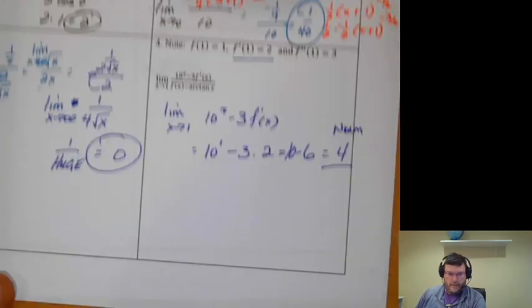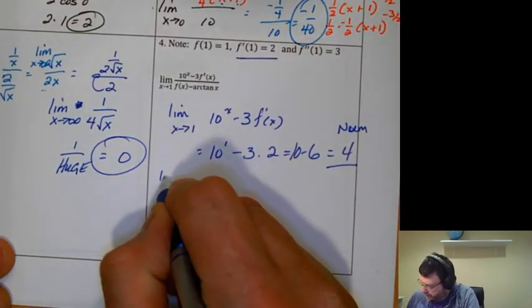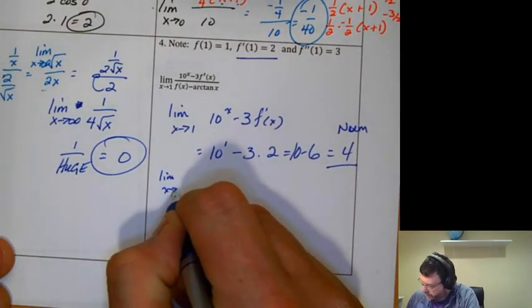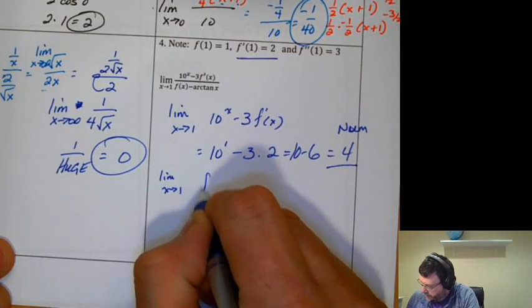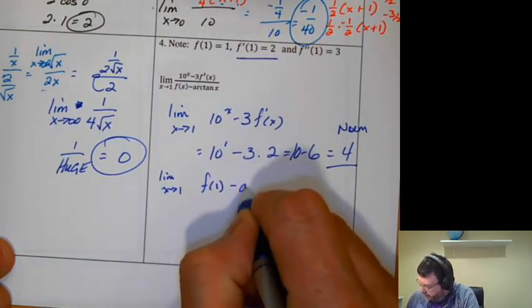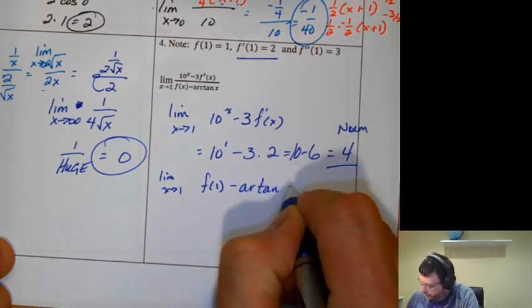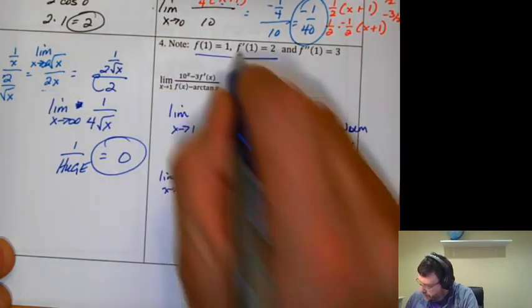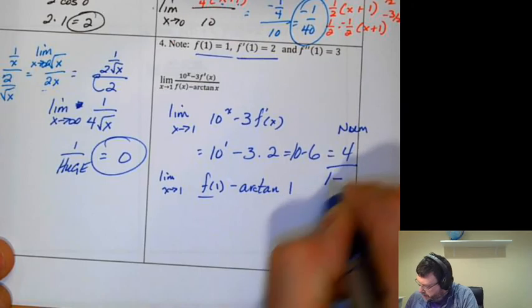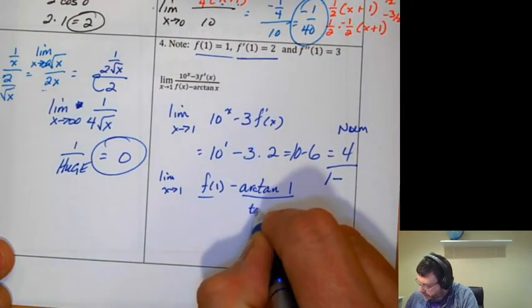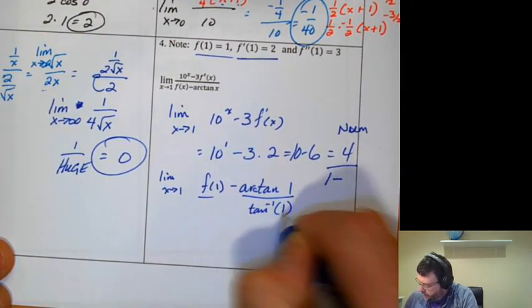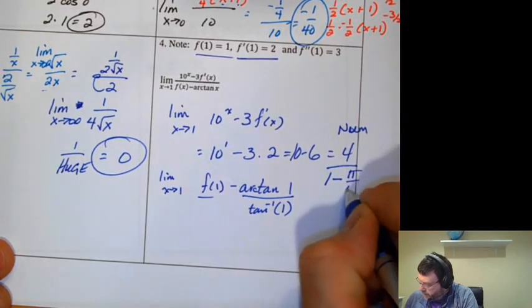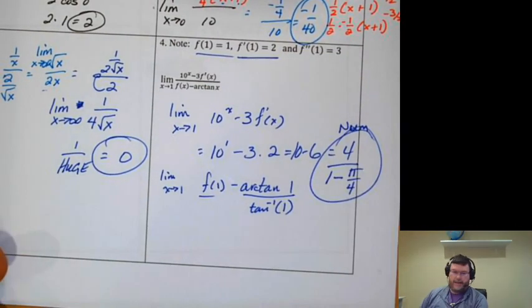give you this. So we just are going to take the limit as x approaches 1 of f of 1 minus arctan of 1. And so this f of 1 is 1 minus the arctan of 1. So it's the inverse tangent of 1, which is in quadrant 1, where the tangent is 1, and that is at pi over 4.